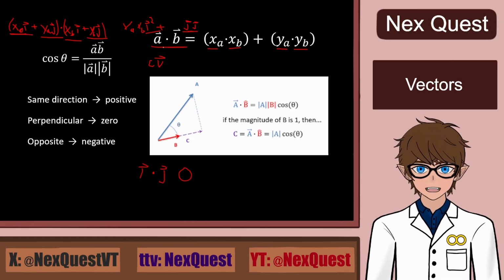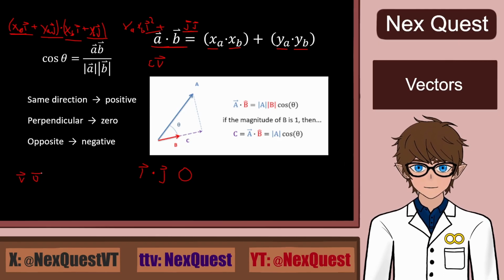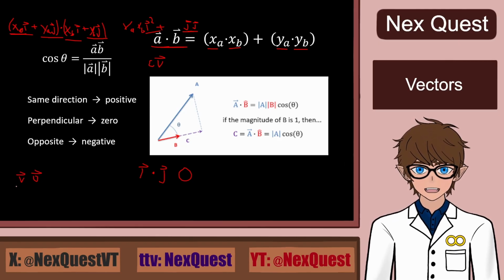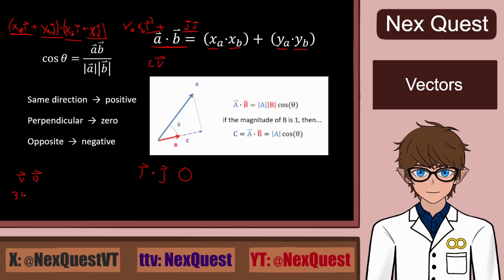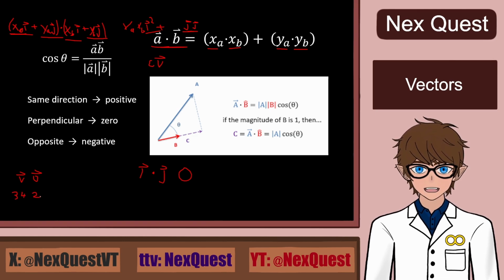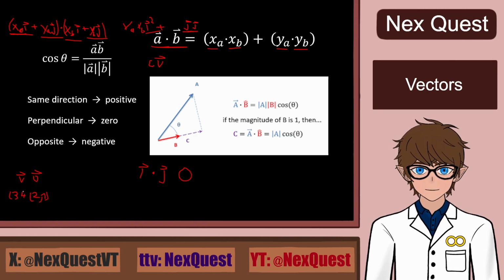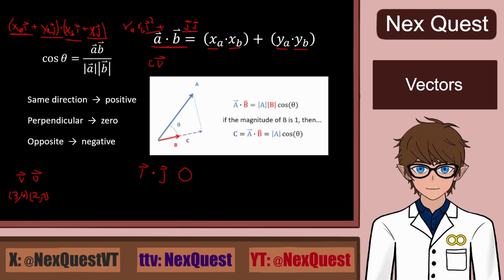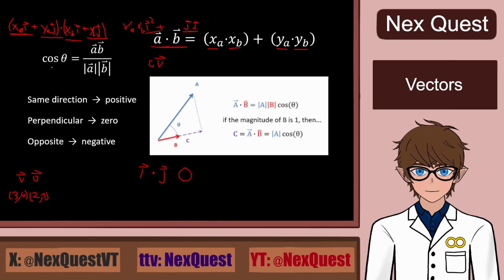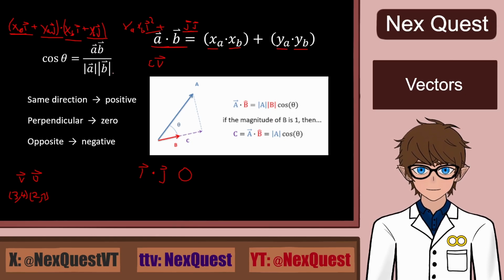Do this multiplication between vectors v and u from before. I forgot what they were. I think there were (3, 4) and (2, 1). Do this multiplication for these two with unit vectors, and then for the product of unit vectors, use this rule to determine what the actual result will be, okay?